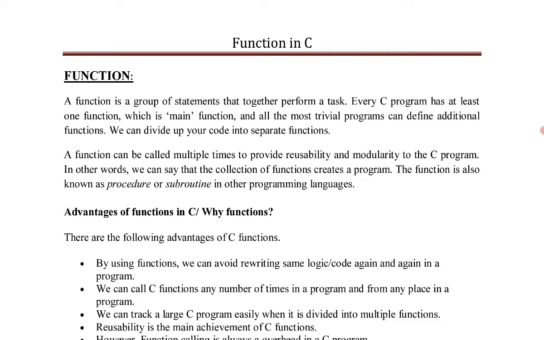Generally every function has a unique name, and optionally some parameters or arguments passed to it, and it may or may not have a return type also. So what are the main advantages of functions in C language?